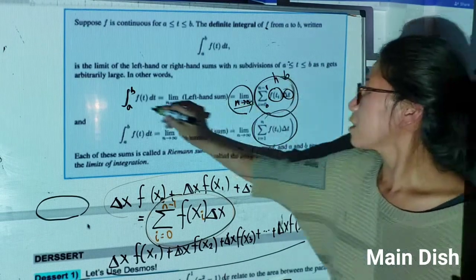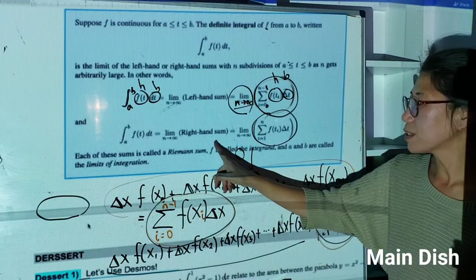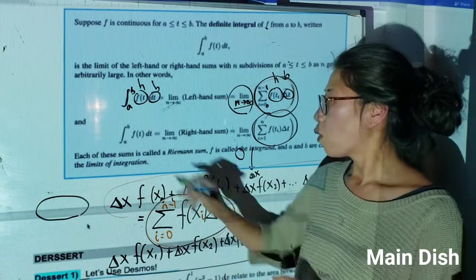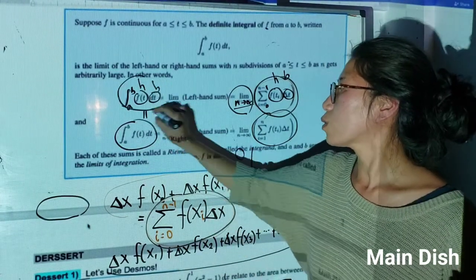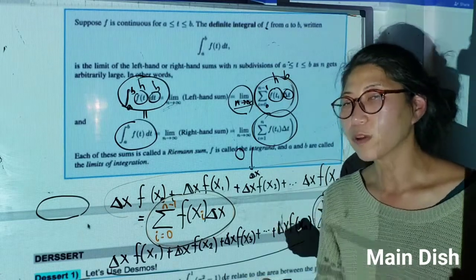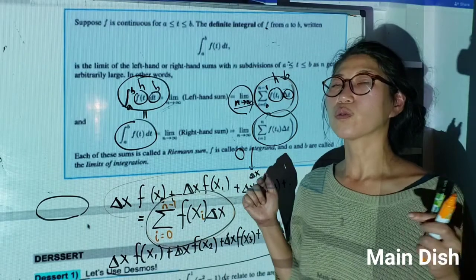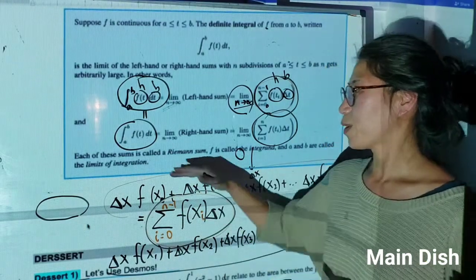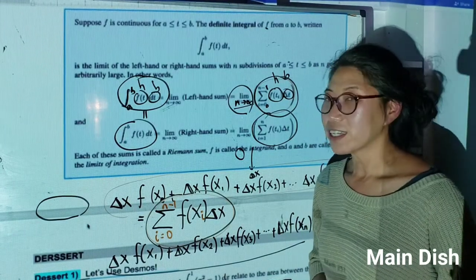And then the right hand sum, same idea, and that becomes this one. So what happened? Whenever you have an n so big, you are going to eventually get the same number. I wouldn't say the same number, but it's so close that my limit goes to that one certain number. So this one we call the definite integral.